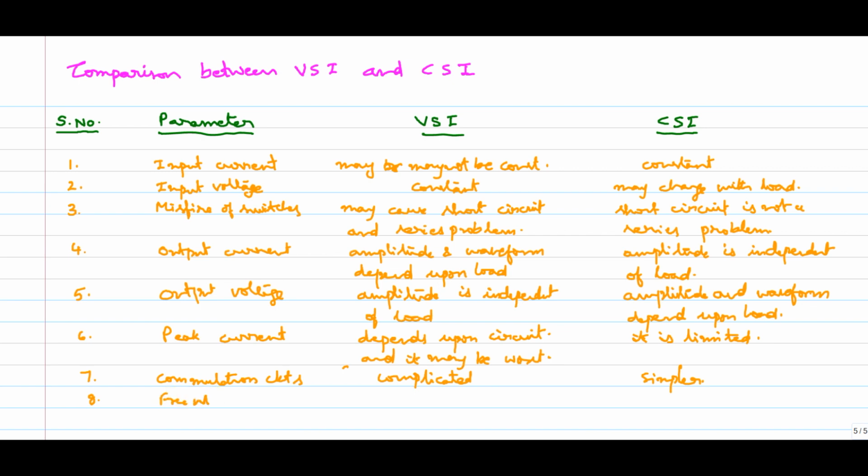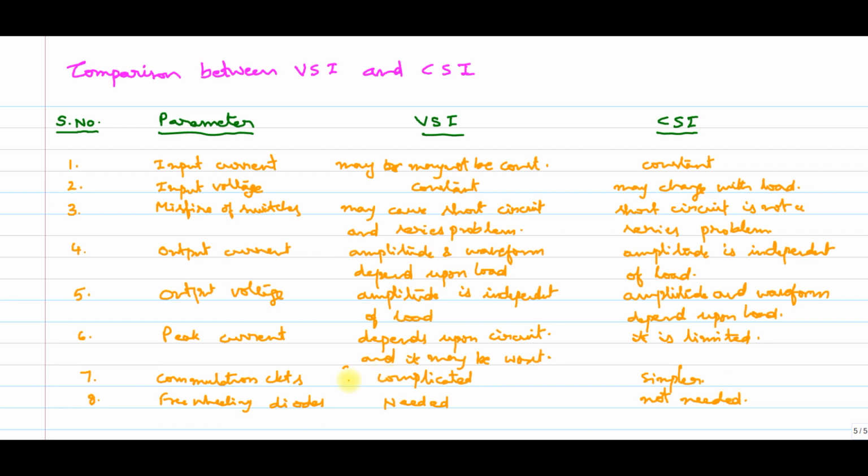Freewheeling diodes are really needed in VSI to handle the reactive power. In CSI they are not at all required, not needed.